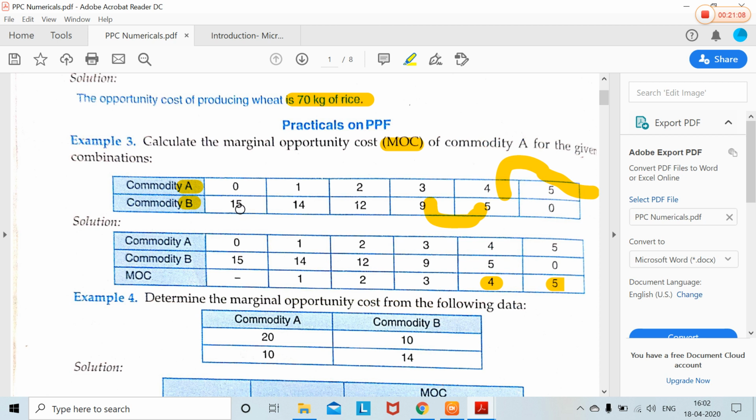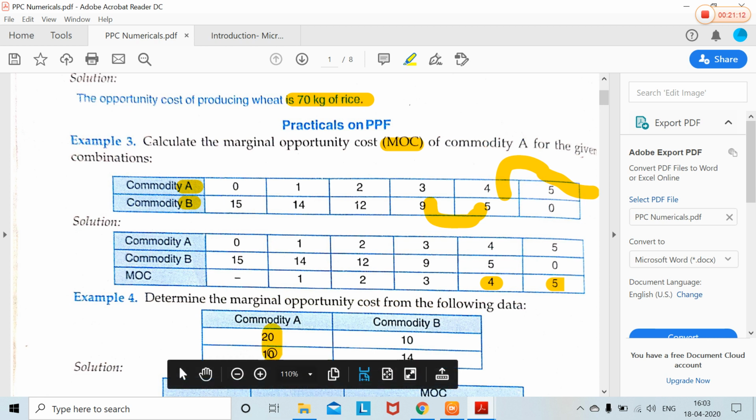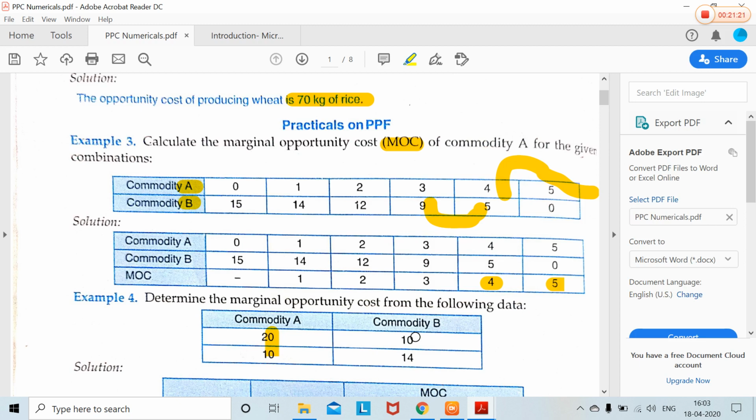Next question, same, determine MOC. Now this is commodity A, one we are losing from 20 to 10, another we are gaining. Always you will lose one and gain another. Why? Because resources are fixed. So to gain the units in good 1, you have to lose some units in good 2.